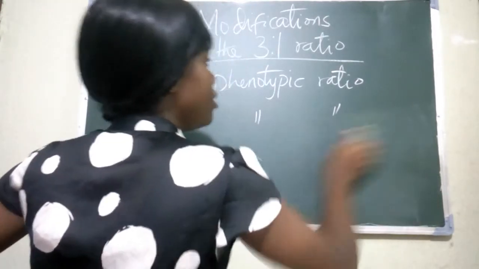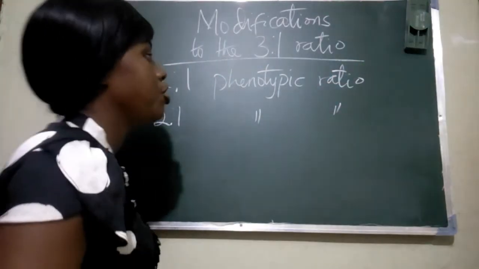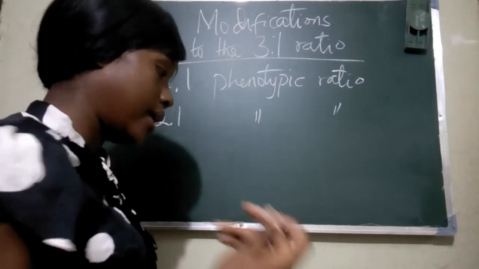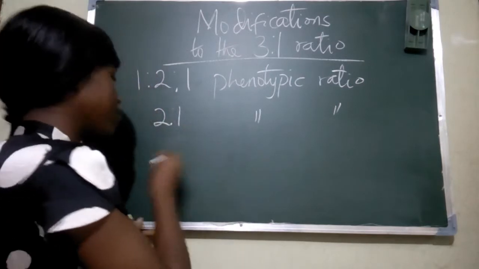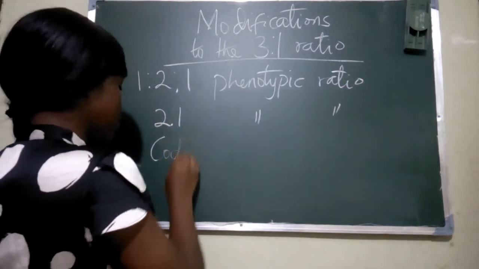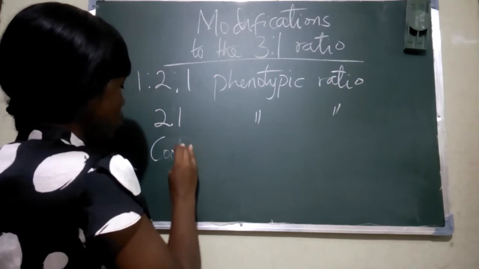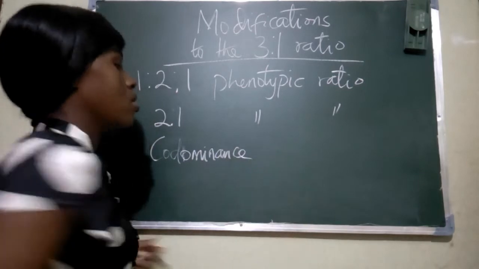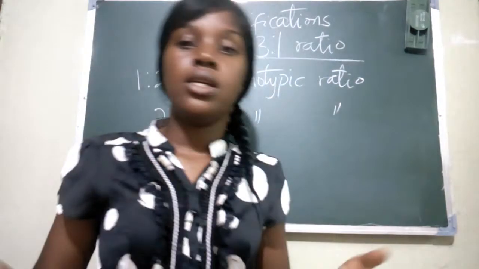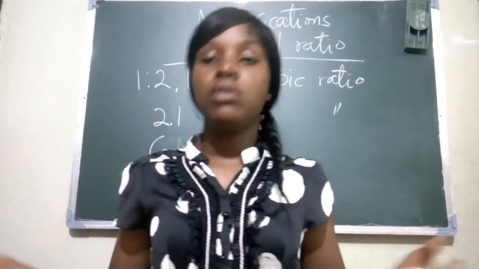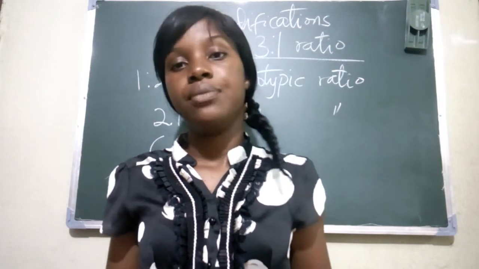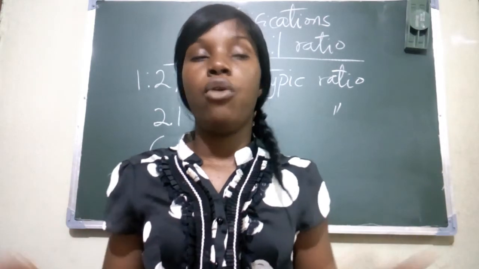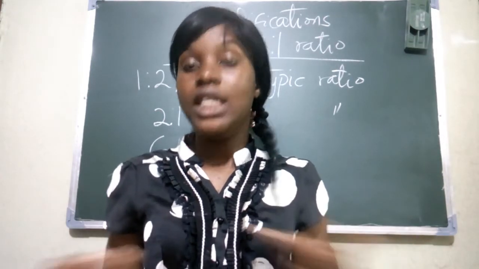Now, the second phenomenon, or the second modification to this 3:1 ratio, like I've mentioned before, is caused by codominance of alleles. In this case, the alleles are both dominant. That is, they both express themselves in the phenotype of the F2 individuals.